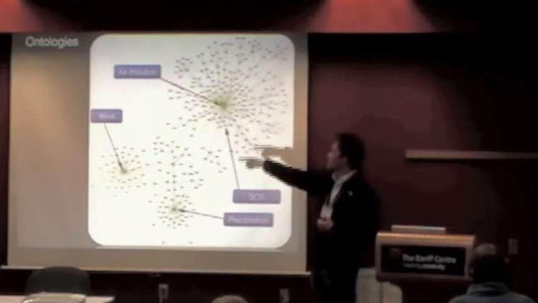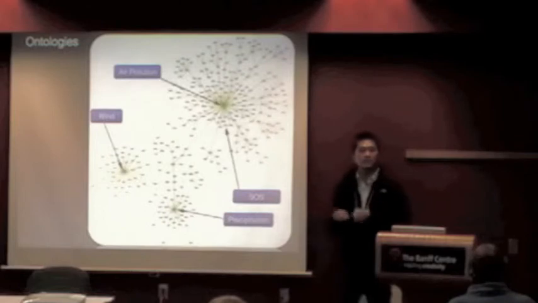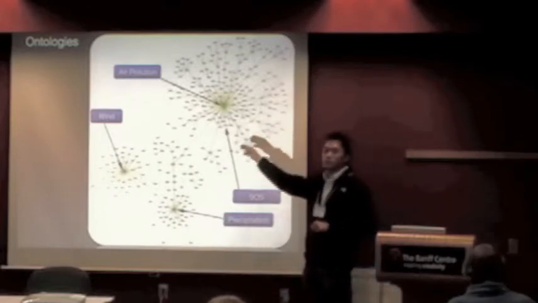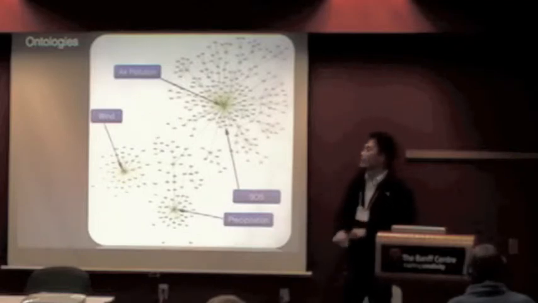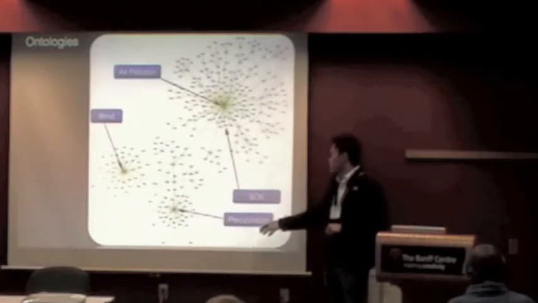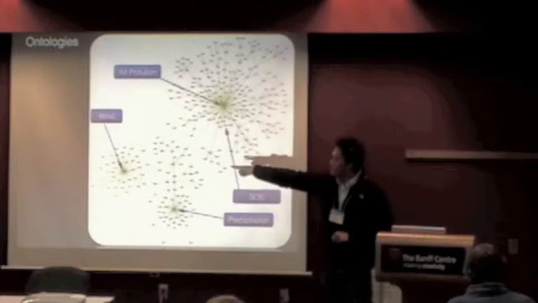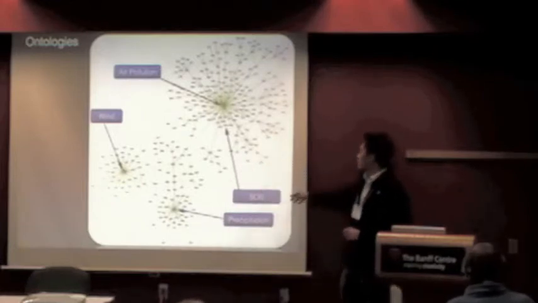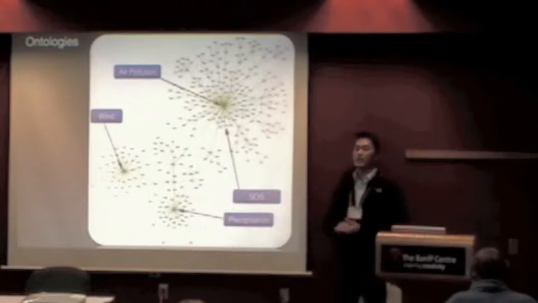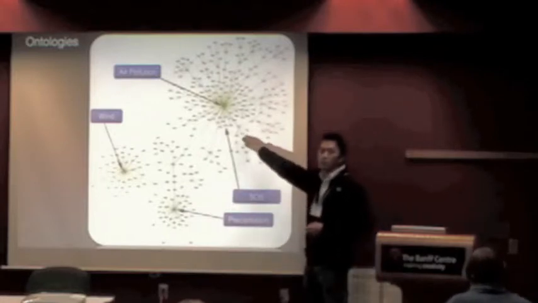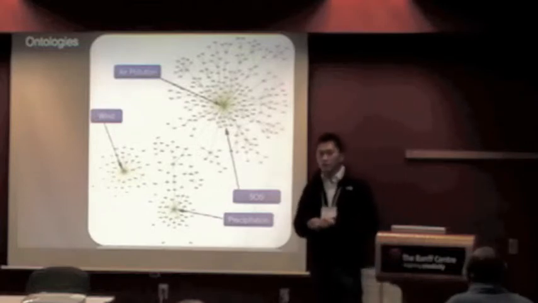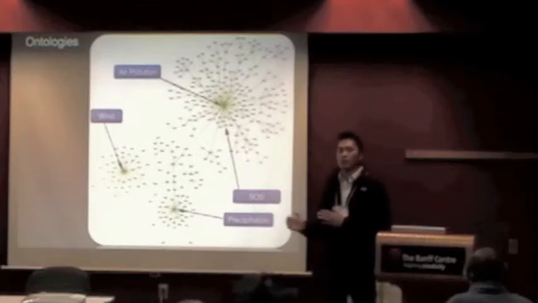So these two concepts may have a specified relationship between each other. So we can use the ontology to link them together. And the other one, for example, precipitation, may have another relationship to the wind concept. And the SOS can be thought of as an individual that belongs to one concept. So everything will be connected and be meaningful in the ontology.